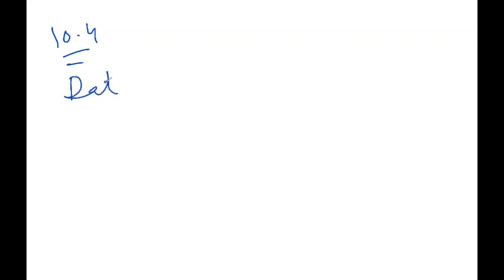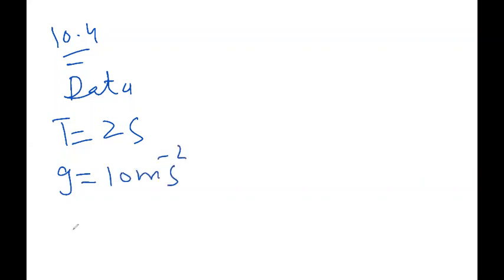Data: time period is 2 seconds. Pendulum completes one vibration in 2 seconds. Calculate its length, and g is 10 meter per second square.